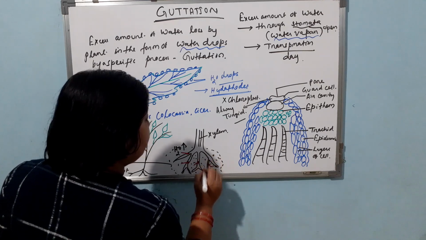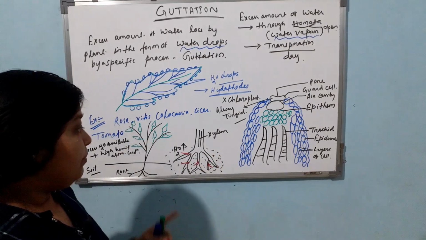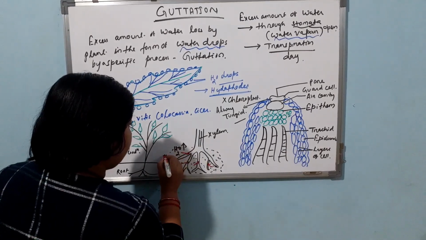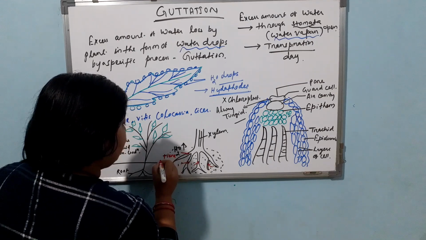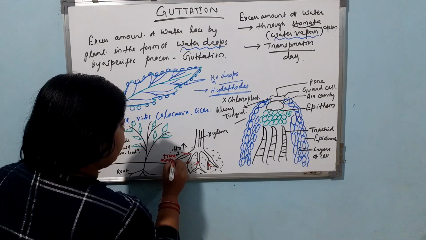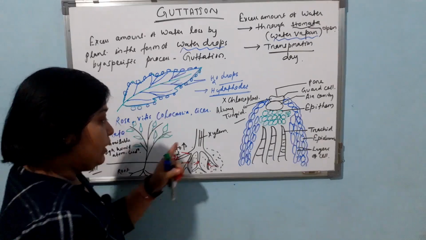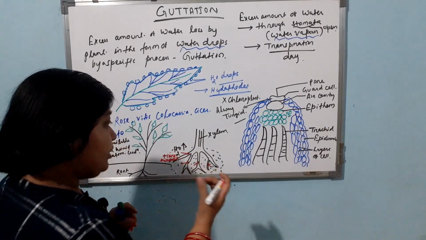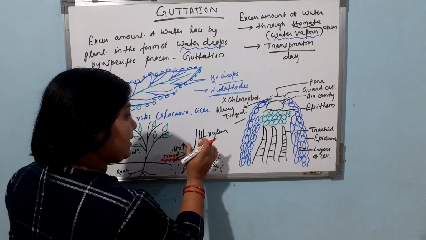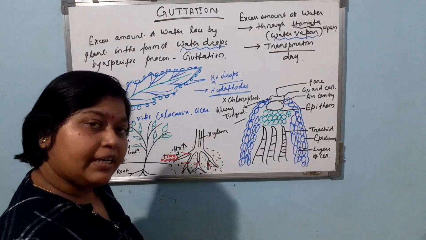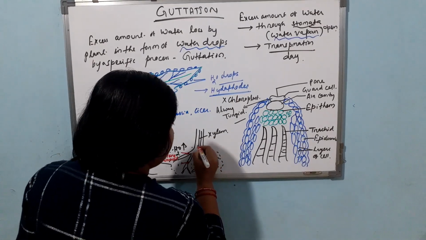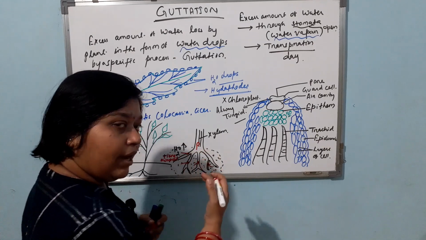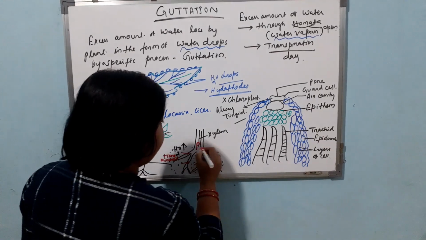Along with water, ions and minerals also move in, to achieve equilibrium inside the plant cell, which will create a pressure. That pressure is hydrostatic pressure, created due to the inward movement of water and minerals.